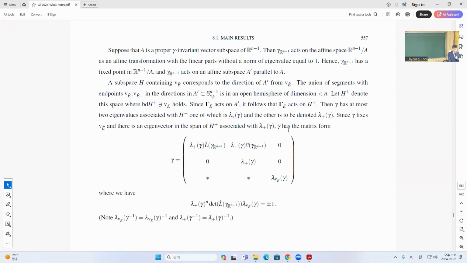So gamma has some matrix form like this, and this is not just for H plus, but for everything. We have lambda plus times the L part and then lambda plus b, and there might be something here, but this is 0 because b is fixed, and this multiplication is 1. Of course, if you take the inverse, then you get this type of relation here.